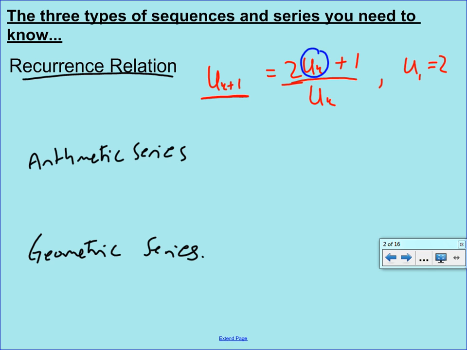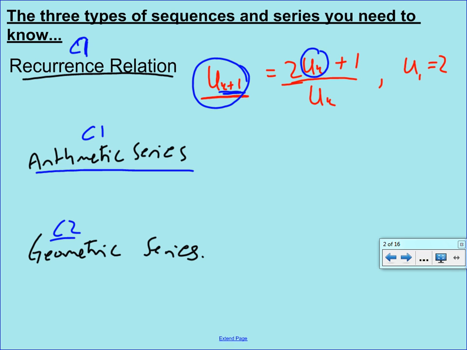But whenever I see a u_(k+1) or a u_(n+1) or an x_(n+1) or anything with a something plus 1 subscript, I'm like, right, bang, that's a recurrence relation. Remember these are three totally separate things. Recurrence relation is C1, arithmetic is also C1, whereas geometric is C2.